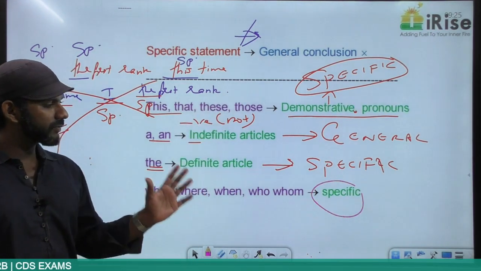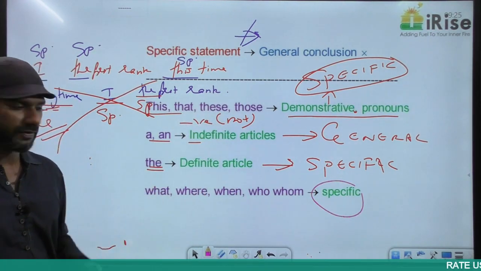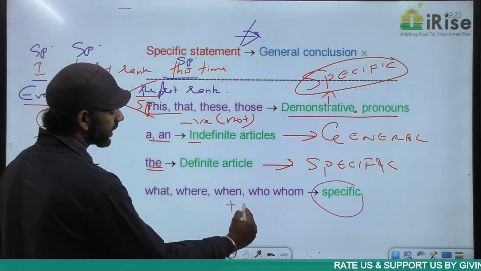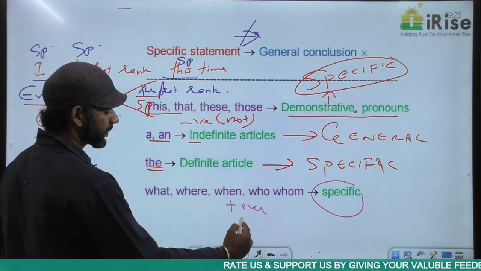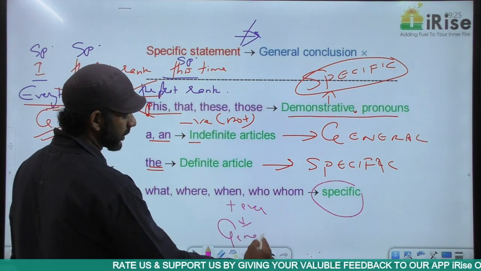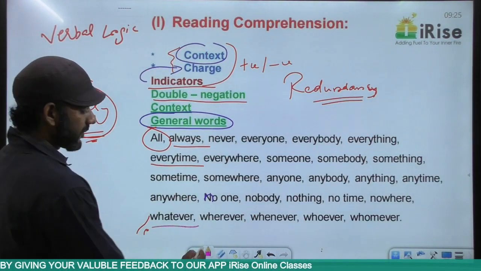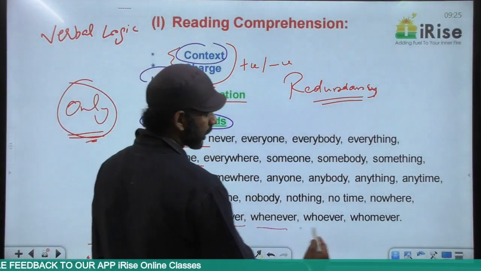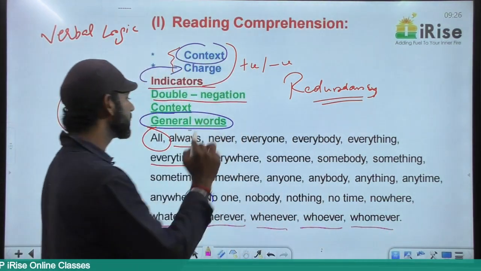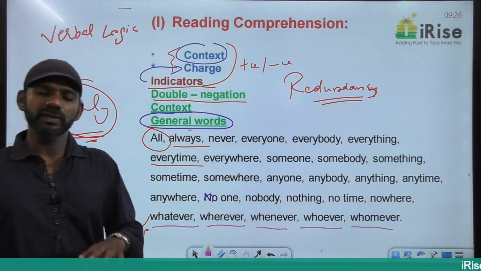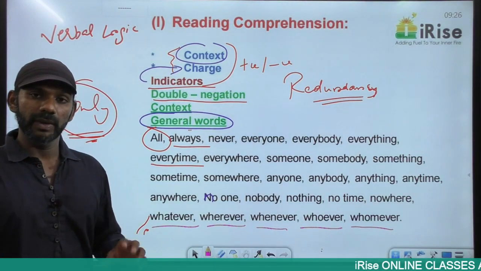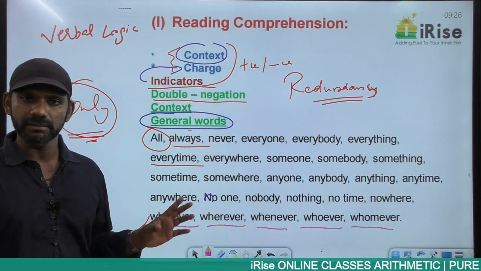So what, where, when, who and whom are taken as specific. Whenever is added to them, they become general. That means whatever is general, wherever, whenever, whoever, whomever, all these are general. So what, where, when, who, whom are specific. Whenever is added to them, they become general.